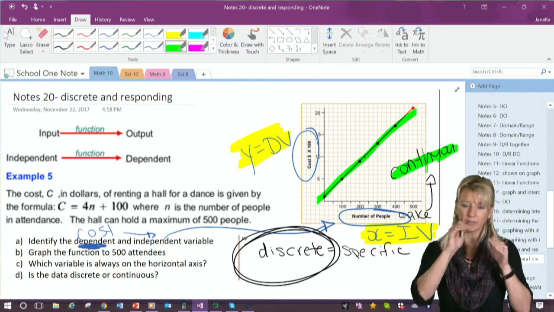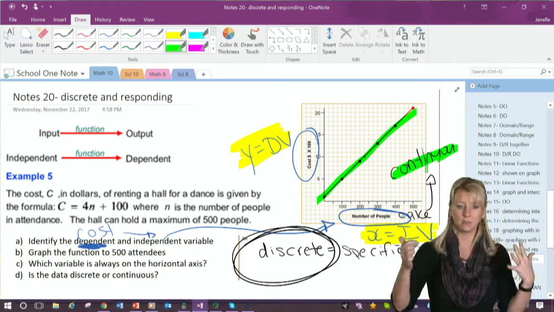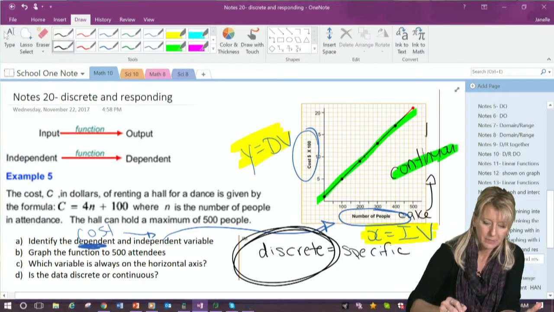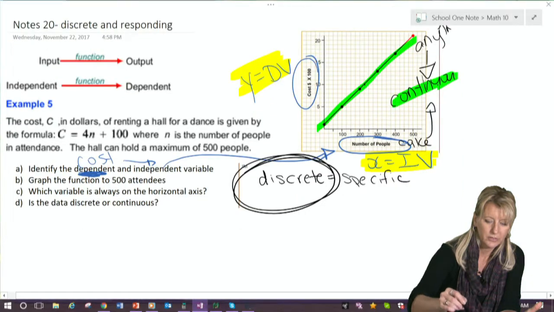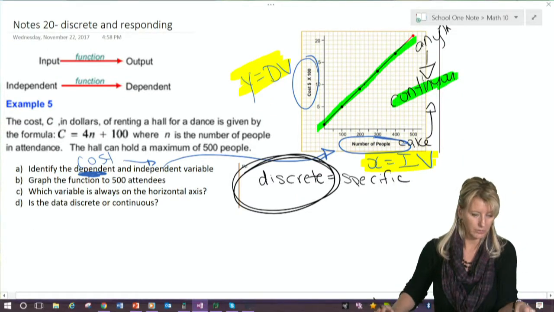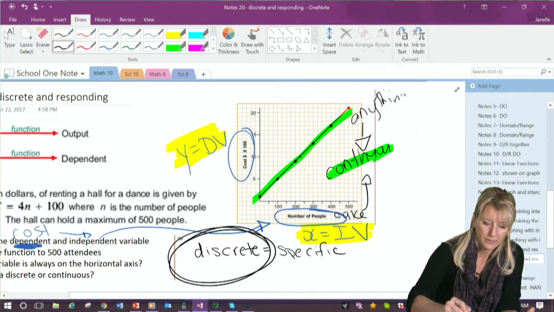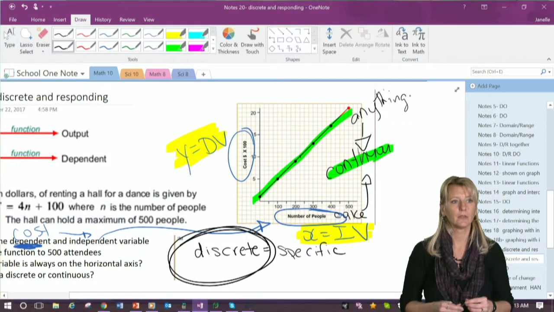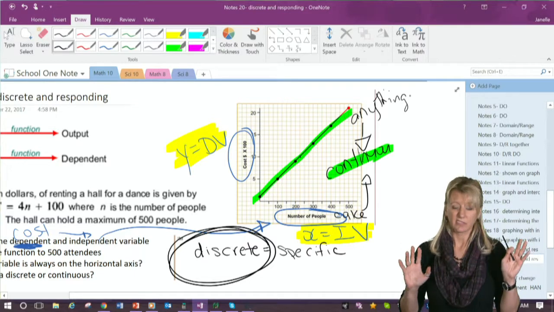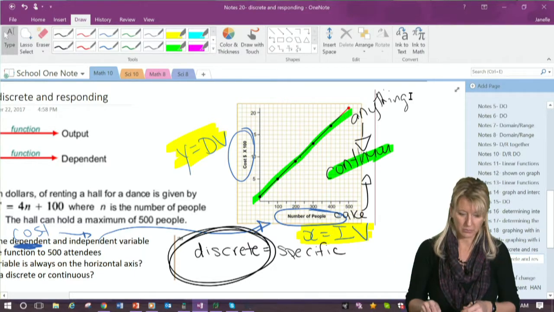Discrete is very specific and continuous can be anything. Sorry, I moved that. Okay? So that's all I want to say about that.